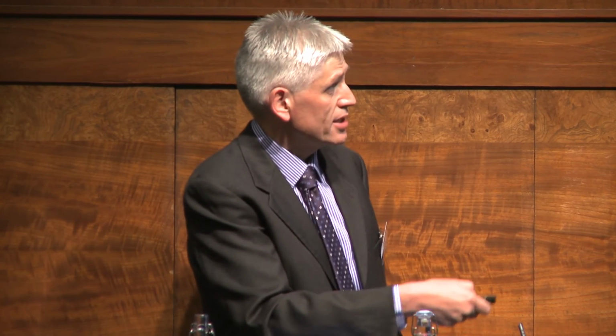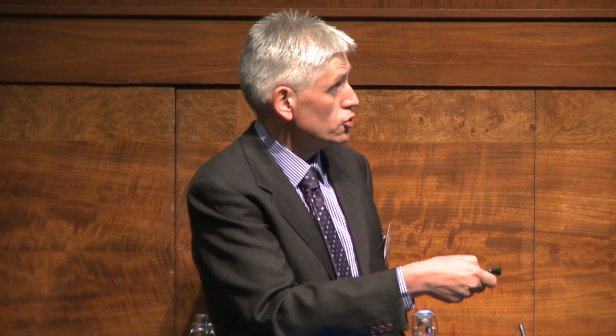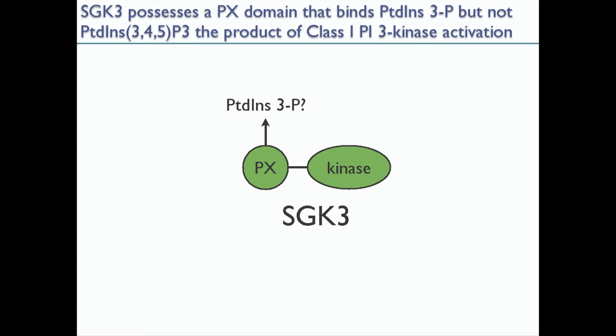But SGK3 doesn't have such a PH domain that binds to PIP3. Instead it has another domain called a PX domain. What this PX domain does is bind to an inositol lipid called PI3P that lacks the 4 and the 5 phosphate group on it. It turns out that, at least biochemically, SGK3 cannot bind to PIP3, it can only bind to PI3P.